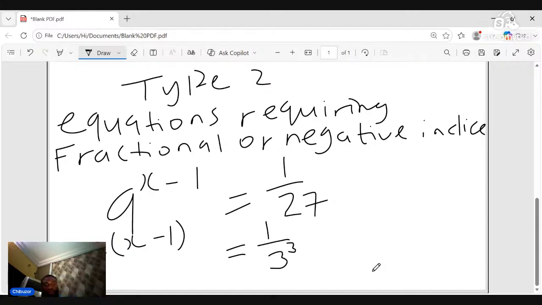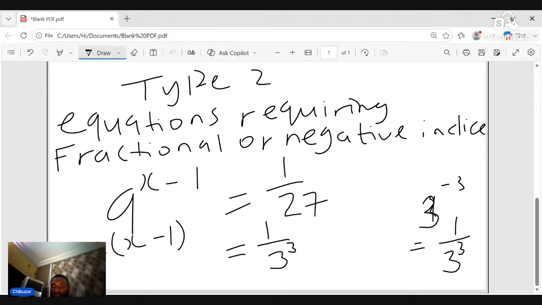Now, in the law of indices, we know that any number raised to a negative power, for example 3 raised to power minus 3, is equal to 1 over 3 raised to power 3, right?